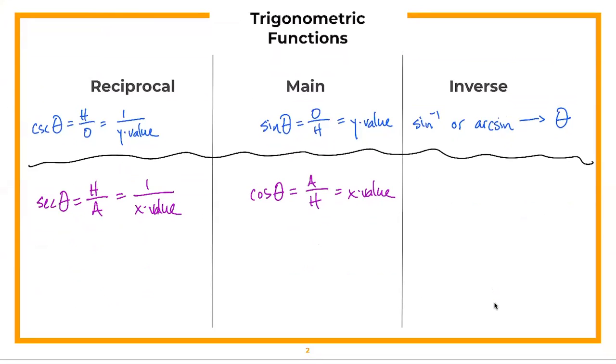The inverse function of cosine is inverse cosine or arc cosine. And same thing when we apply arc sine or arc cosine or inverse cosine, we will end up with an angle as our answer.